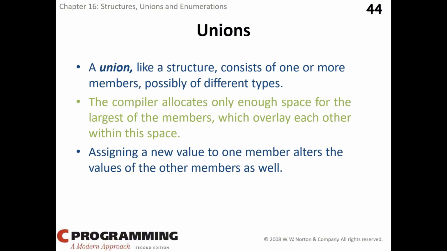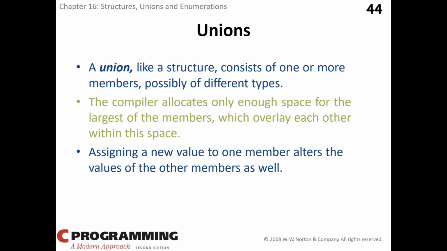However, there's a significant difference in how memory is allocated for unions compared to structures. When you declare a union, the compiler allocates memory space only for the largest member within that union. This means that all members of the union share the same memory location, but only the memory space required by the largest member is allocated.